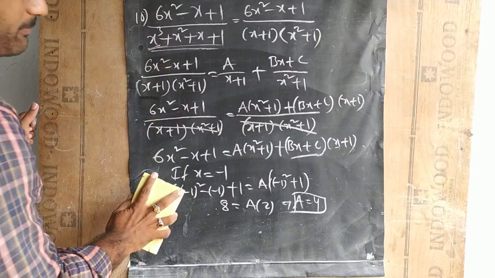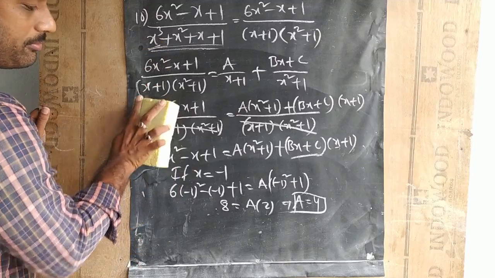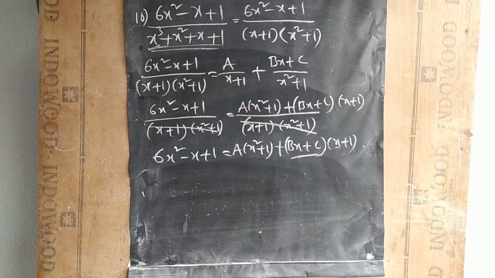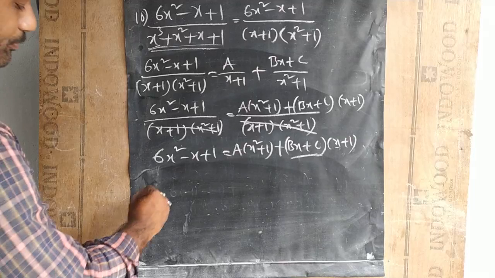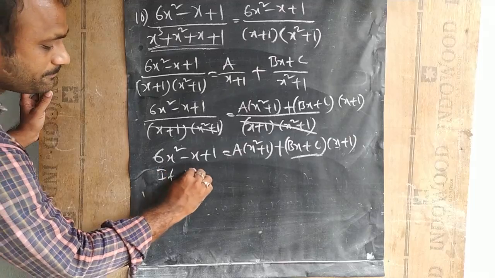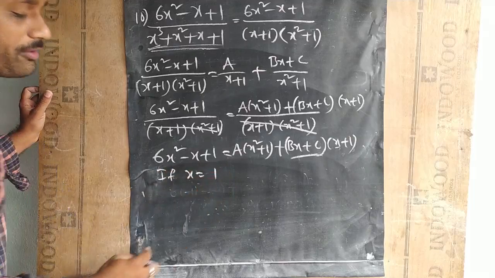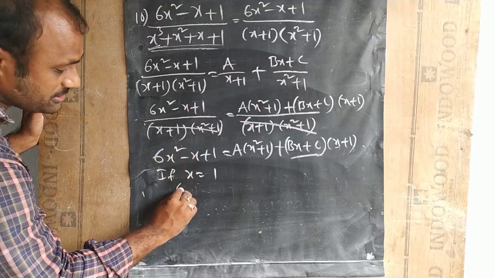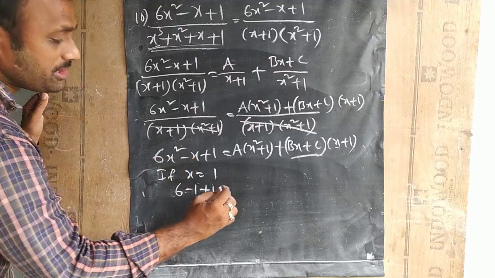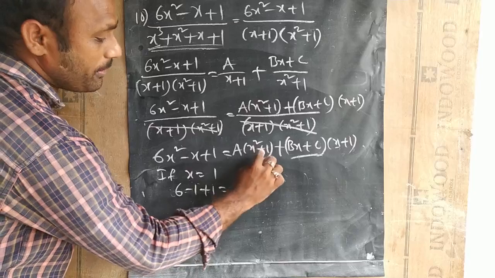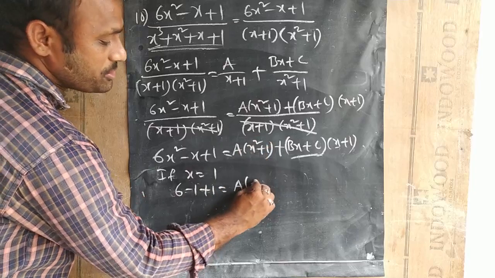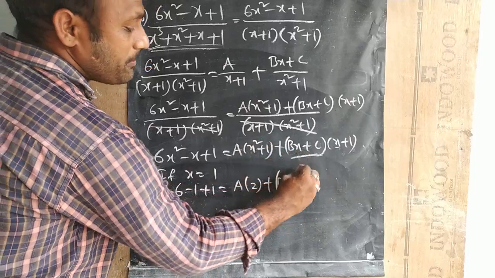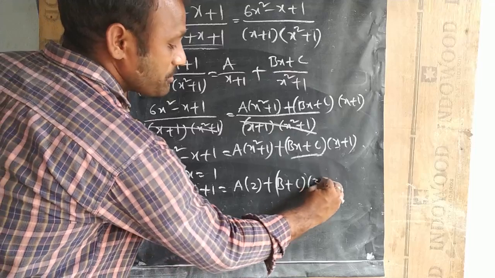Now, the A value is 4, right? Now let us take x as 1. If x is 1, what will be the answer? 6 into 1 squared, 6, 6 minus 1 plus 1 equals A into (1 squared is 1, 1 plus 1 is 2), plus (B into 1 is B, B plus C) into (1 plus 1 is 2).